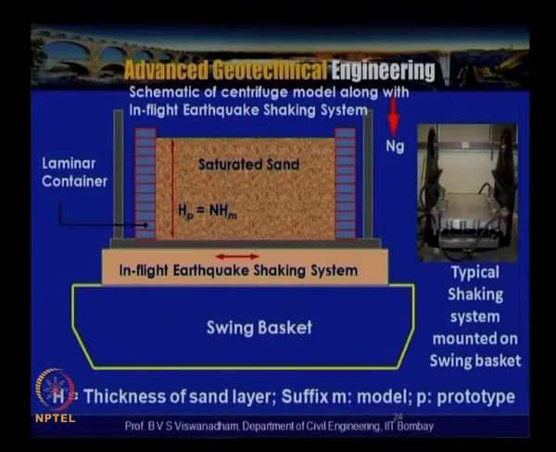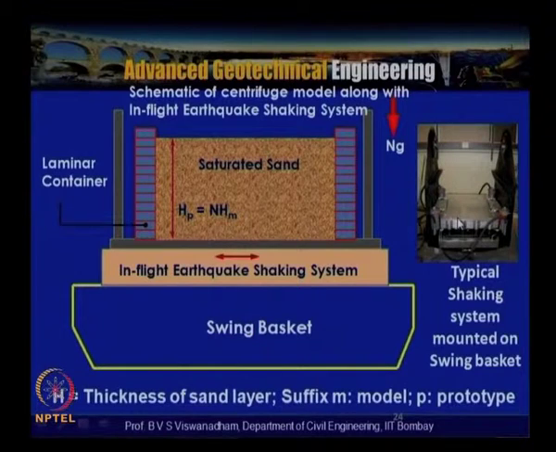Here the schematic representation is shown, and this is the basket, with a schematic of a typical shaking system mounted on the swing basket. On this, the model which is going to be subjected to shaking is placed. For large equipment, the shaking happens in this direction, that is, perpendicular to the plane of rotation.